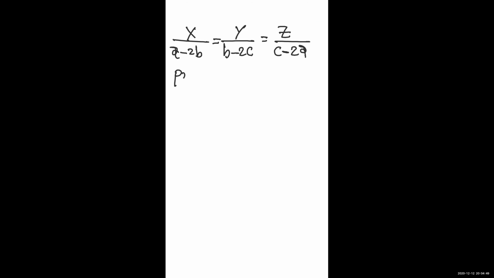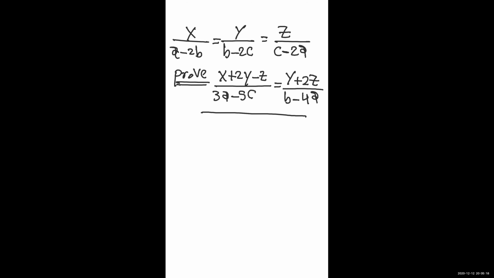Then prove that (x plus 2y minus z) over (3a minus 5c) will equal (y plus 2z) over (b minus 4a).